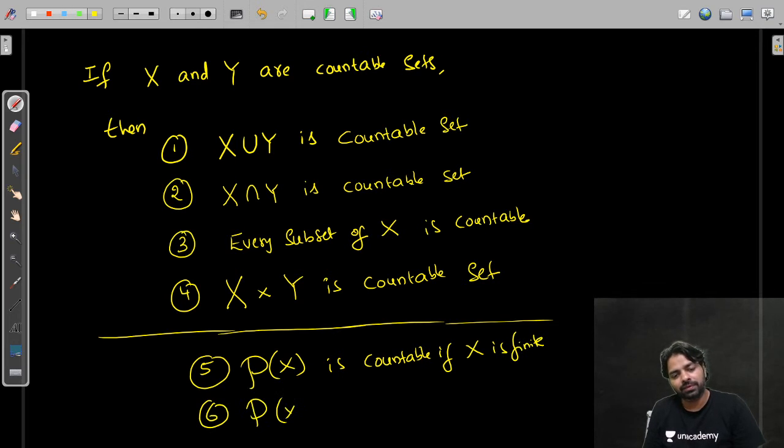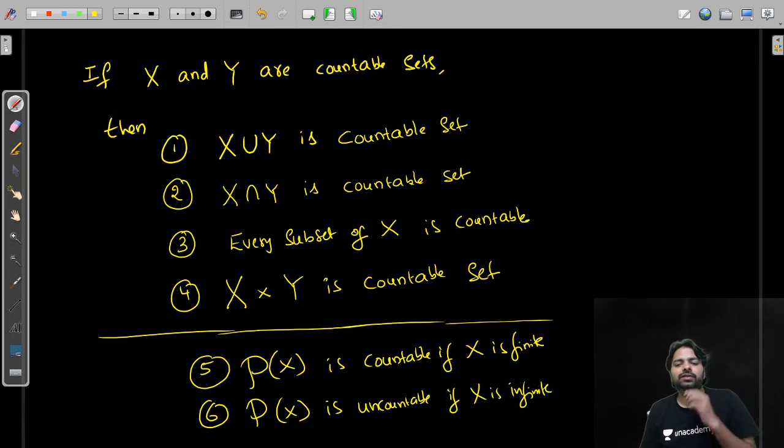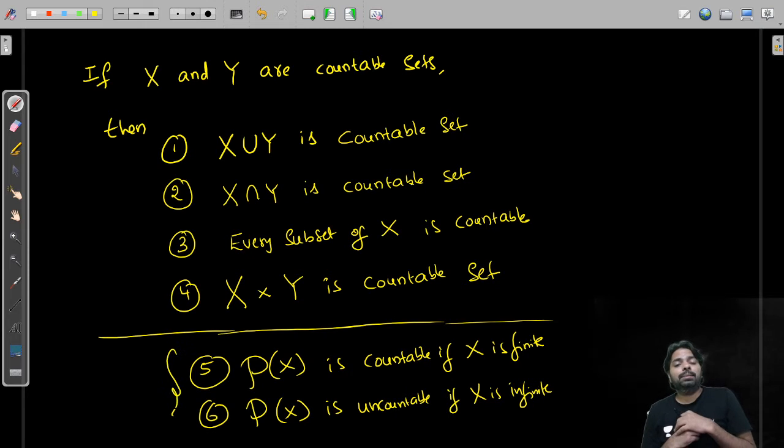The power set of x is uncountable if x is infinite. So the power set of x can be countable, can be uncountable, but that is decided by what x is.